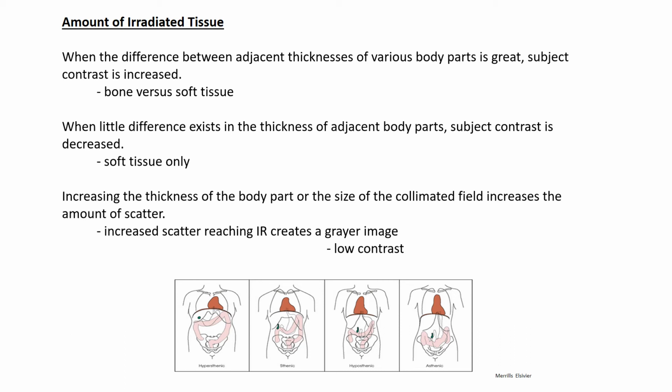Larger field sizes, because you're irradiating more tissue, more scatter. So increased scatter reaching the IR creates a grayer image. Either one of those, you're going to get a grayer image, which means it's a low contrasting image, low contrast, lots of grays.